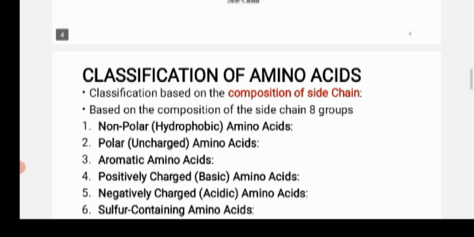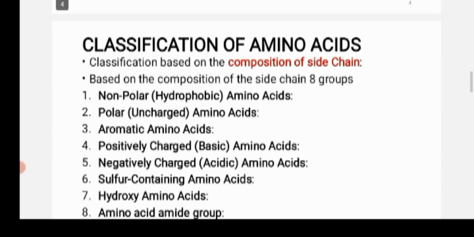These are good examples of the production of protein from amino acids through peptide bonding. Amino acids are classified based on the composition of side chains, and also on structure and nutritional value.